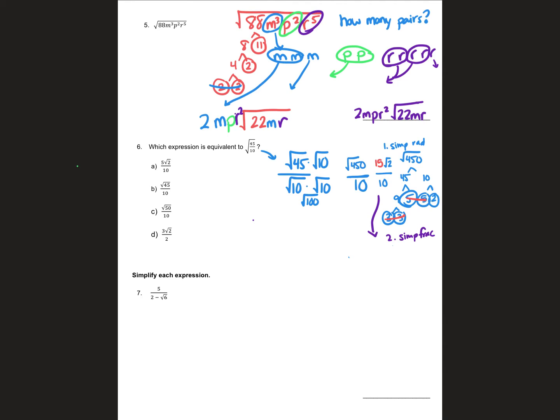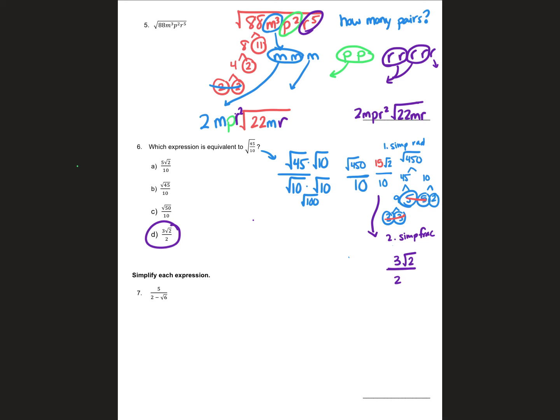The radical 2 is not included in this because radicals are only simplified with factor trees. So we're just going to look at the fraction part. The 15 over 10, we can divide both of those by 5. So divide by 5, I get 3. Divide by 5, I get 2, and put back that radical. So our final answer is D.